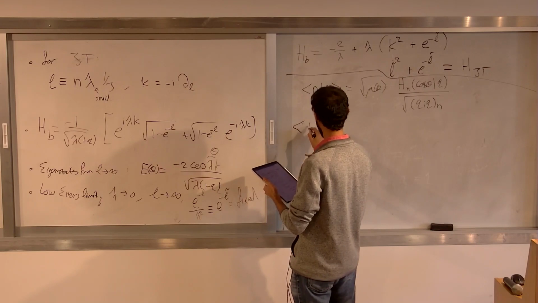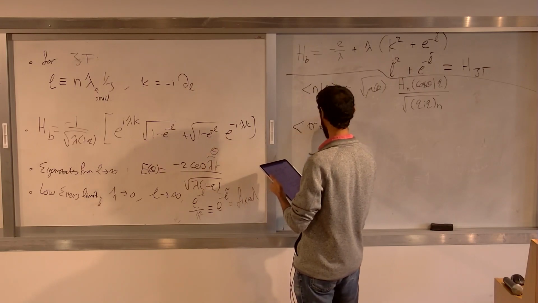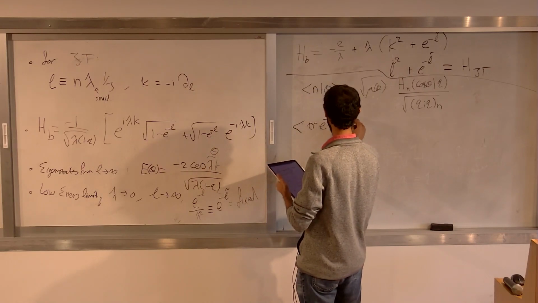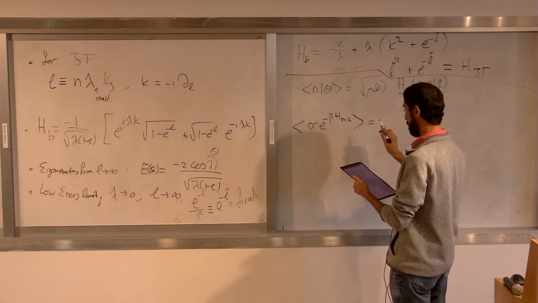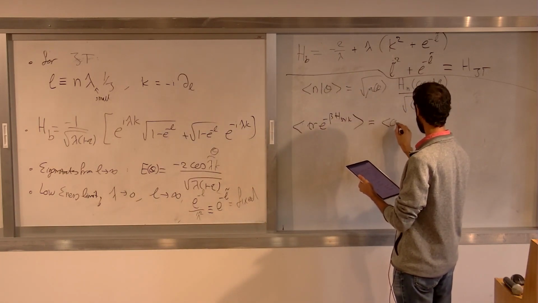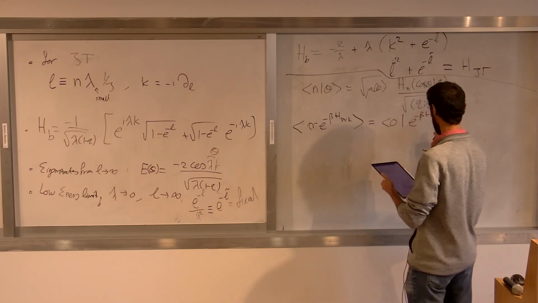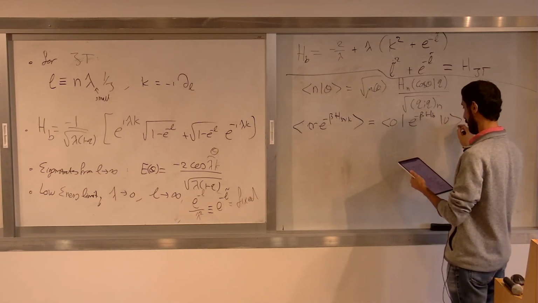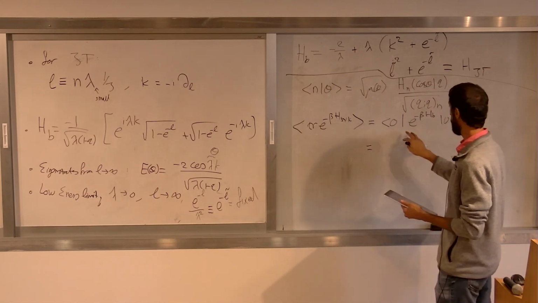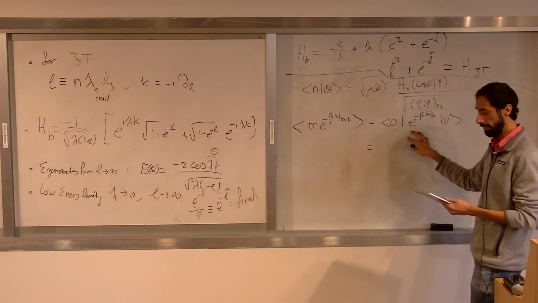So e to the minus theta H_SYK, from the bulk perspective, is the overlap of 0 with e to the minus theta H_B for the bulk, with 0. Let's write this in terms of the energy basis.